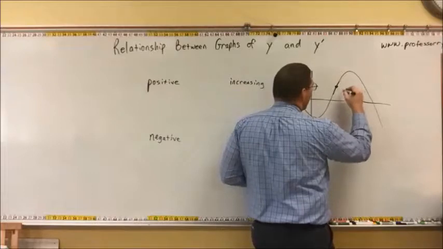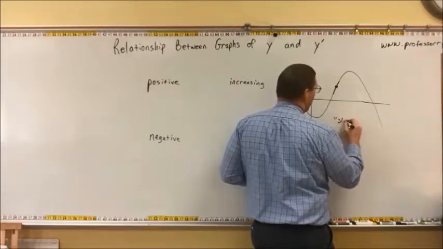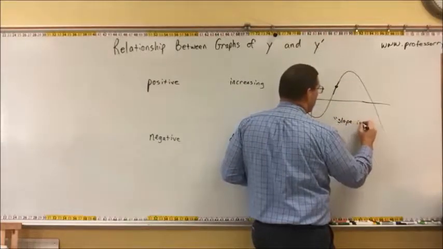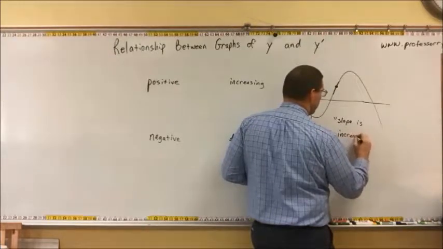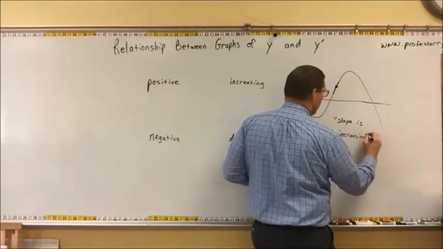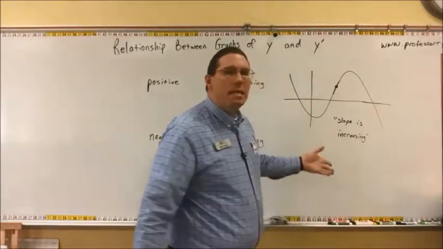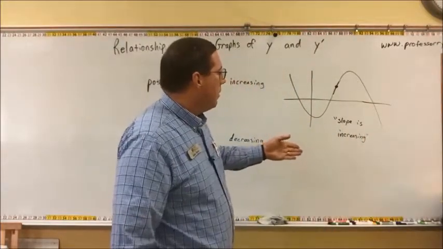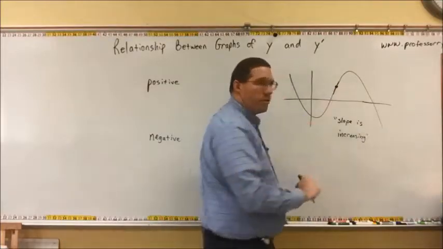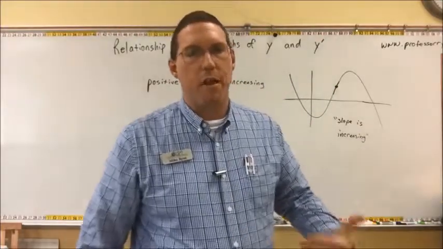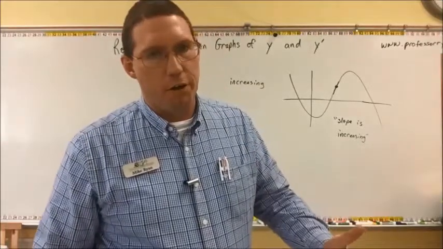Okay? What they'll say is that the slope is increasing. And what they mean to say is that the graph is increasing, the function is increasing, not the slope of the function.